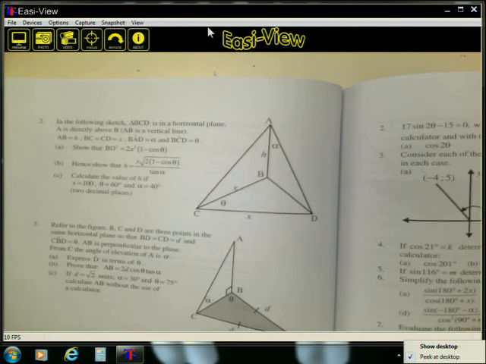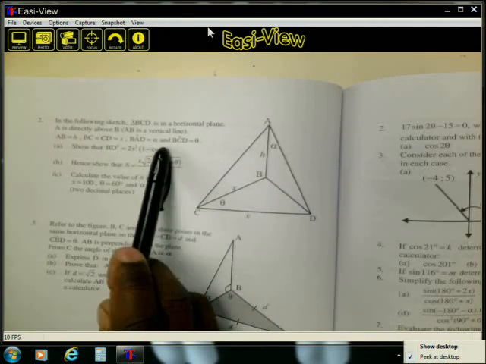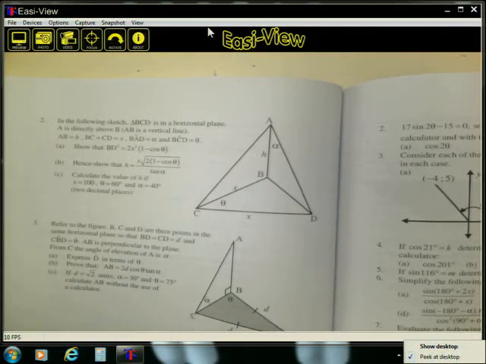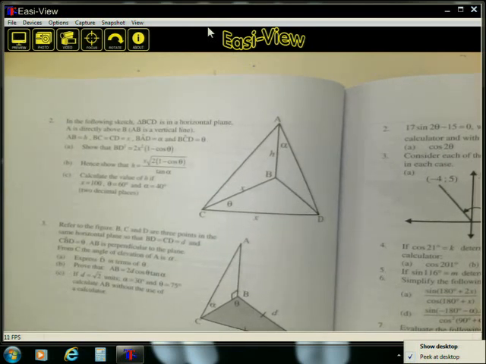Now, a hint. What does this as well as this suggest to you? I can only give you hints.